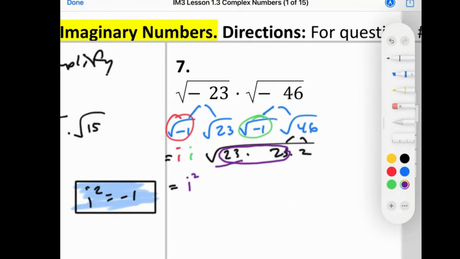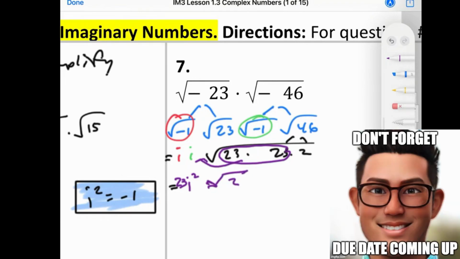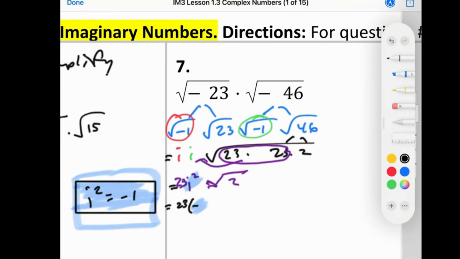The 23s are a pair, so they can come out. So that is 23 i squared times radical 2. And then we just stated from over here that i squared is equal to what number? -1. So 23 times -1 times, whoa, that turned mine into an arrow, but it's a radical sign. So -23 radical 2 is my answer.